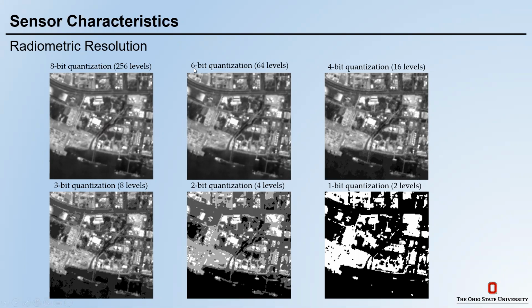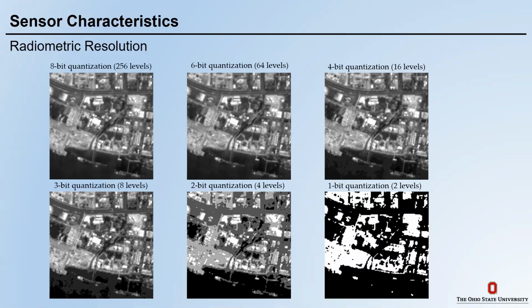And this is 8-bit. If we change it to 6-bit, to 4-bit, to 3-bit, you can say less and less levels of grayscale can be used to address the same area. As a result, you can see less and less detail here, right? From 8 to 6 to 4 to 3 to 2 to 1. What does it mean by 1 bit? 1 bit means that you can use only one figure to address your image.